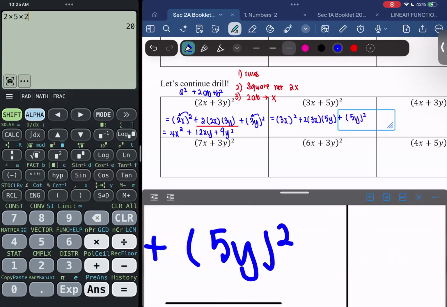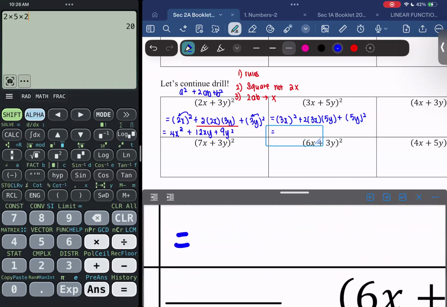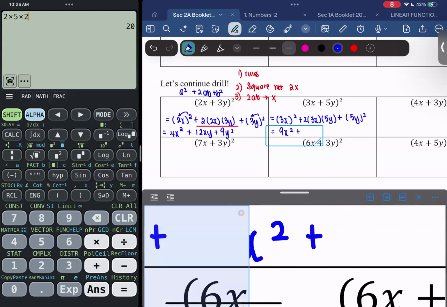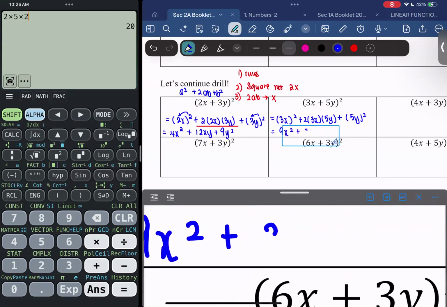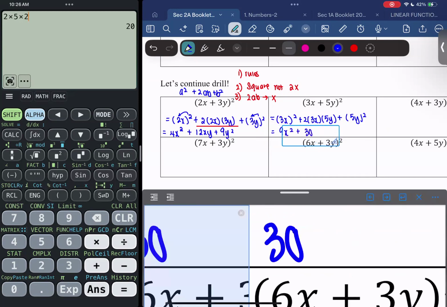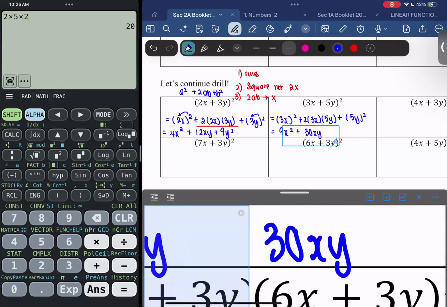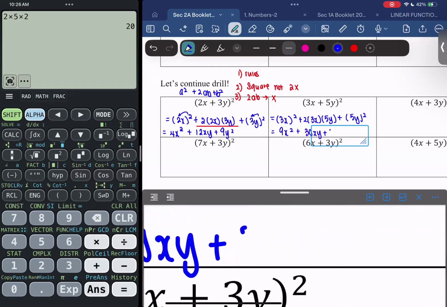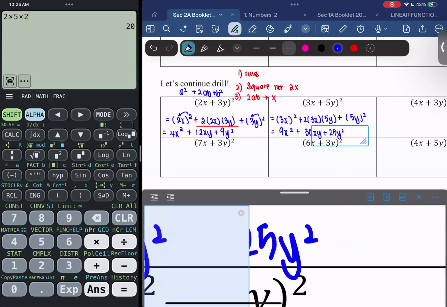Yes, very good. Expand it out. Equals 9x squared plus 30xy plus 25y squared. You said 30xy, and then plus 25y squared. Yes, very good. Good job.